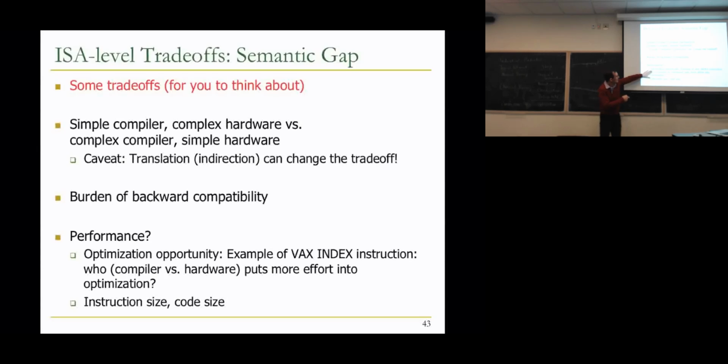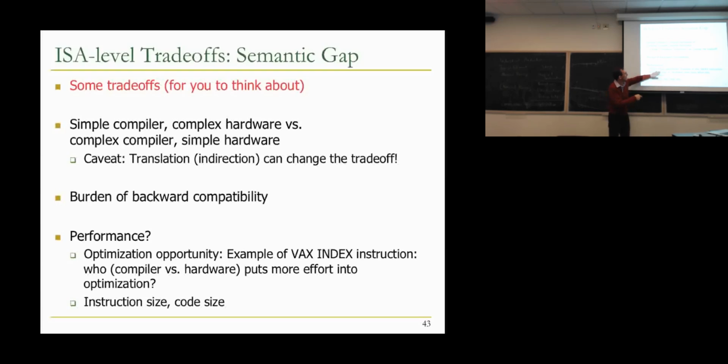And one of the proponents of the RISC architecture looked at an example instruction, a very complex instruction, the index instruction that I told you about. Basically, you could do multidimensional array access in an instruction with bounds checking. They compiled a program using these instructions on VAX and measured its performance.